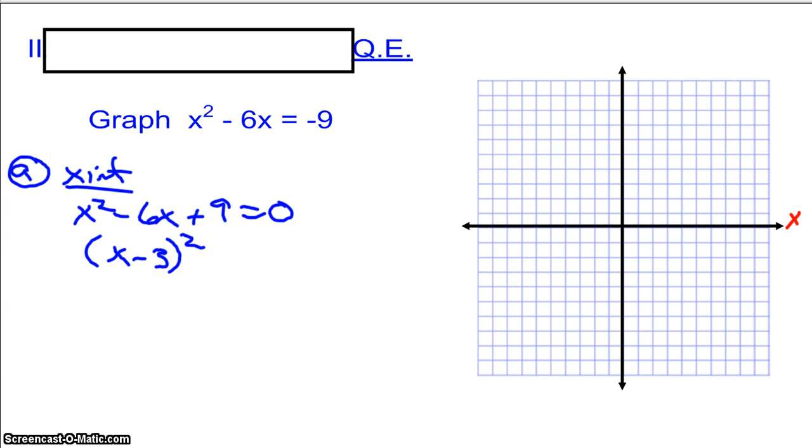Squared. So that is a perfect square trinomial. And so we now see the square of a binomial, right? x minus 3 times x minus 3 gives us that trinomial. And so what's the solution, Andrew? x equals 3. There's only one solution here. Only one place this parabola will touch the x-axis, at 3.